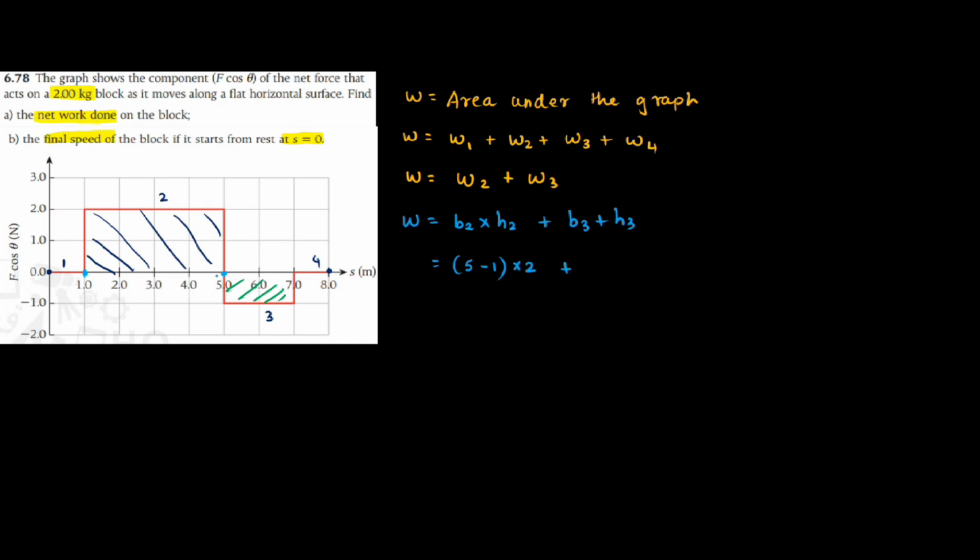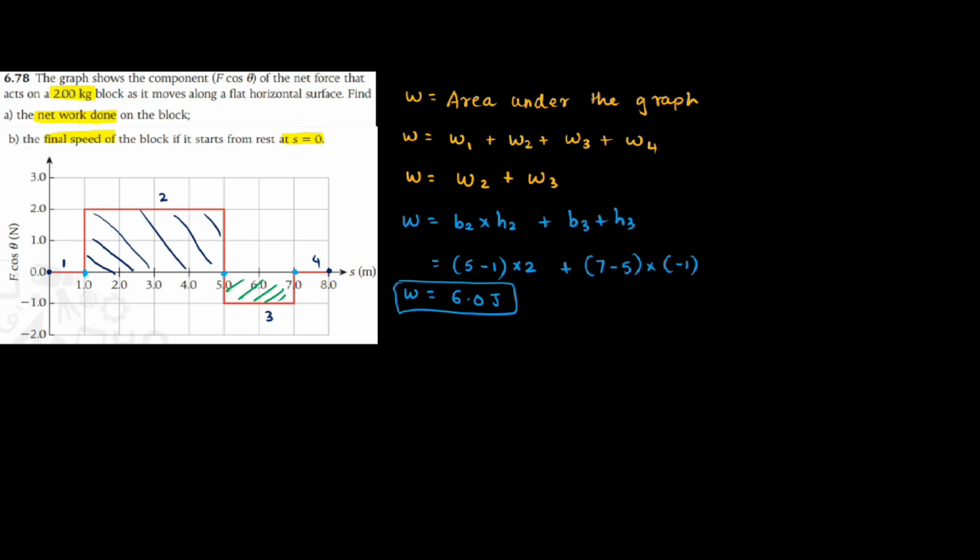For region 3, my base starts at 5 and it ends at 7. So the base will be the difference between these 2 points. And the height will be -1. You need to take the values as they are given on the graph. If it is negative, you have to take it negative. Don't convert that negative to positive. Take them as mentioned in the graph. And when you solve this, you get your work done as 6 Joule.